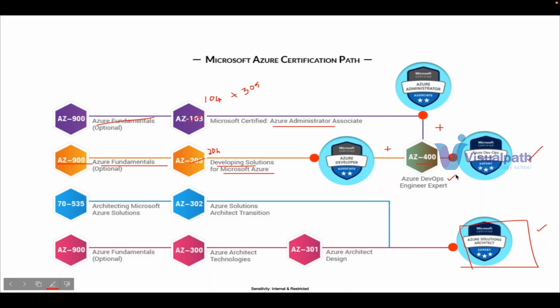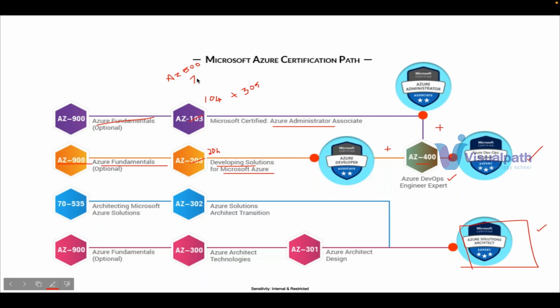Okay. There is other content also, like Azure Security Engineer, Azure Network Engineer. So you can learn AZ-500 directly for Azure Security. Okay. If you're looking for core networking services, then you can learn AZ-700.